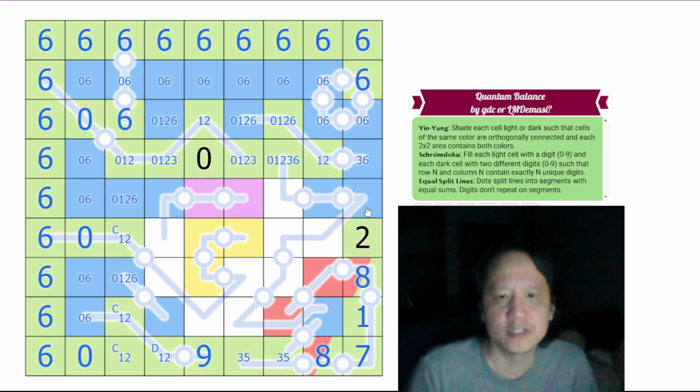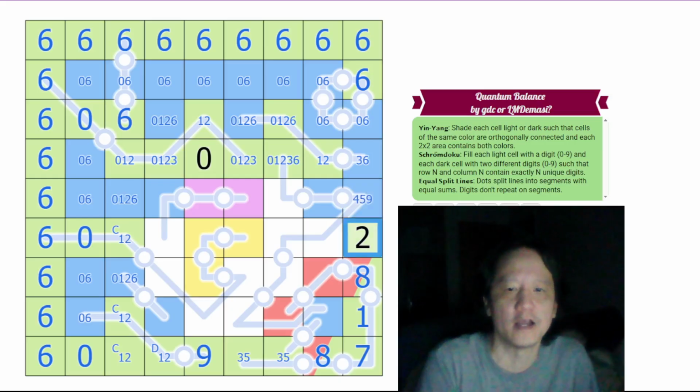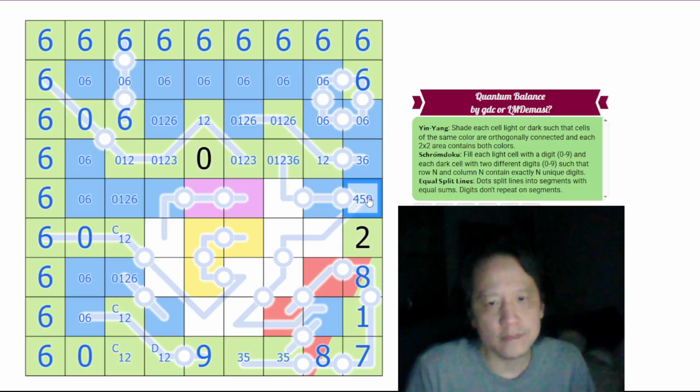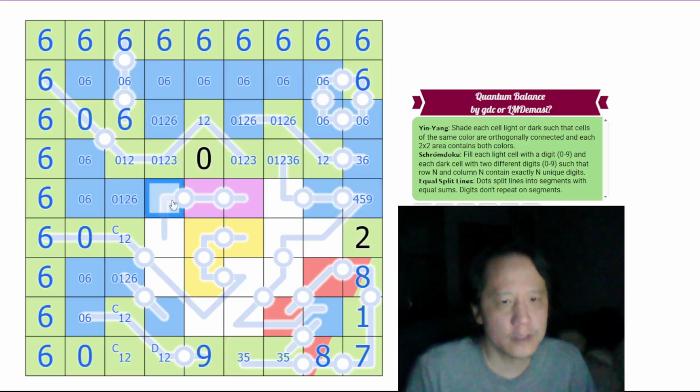So this has to be some combination of 4, 5, and 9. We don't know which. And there are 2 unique digits here. We are guaranteed a 0 and a 6. So we only have 1 more unique digit in this row. Interesting.